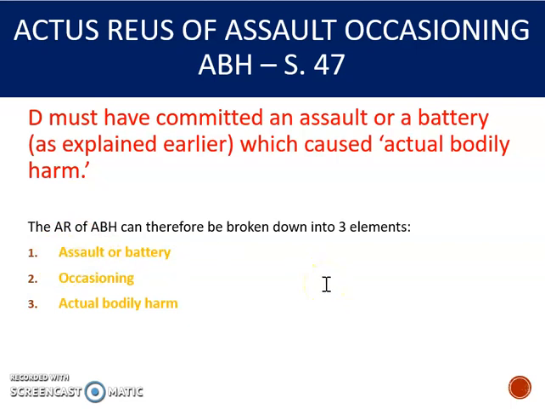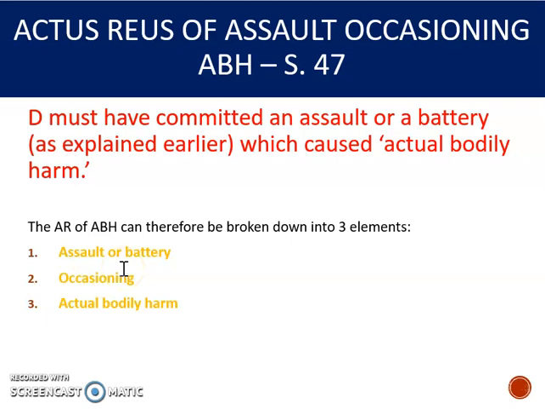But if I sent Chris a threatening note and he became clinically depressed, a doctor diagnosed him with depression, I've done an assault which has occasioned actual bodily harm, and we'll see that depression can be ABH. So you've got to show there was an assault or a battery which has caused actual bodily harm. We've already studied assault and battery, and we know that occasion just means caused.